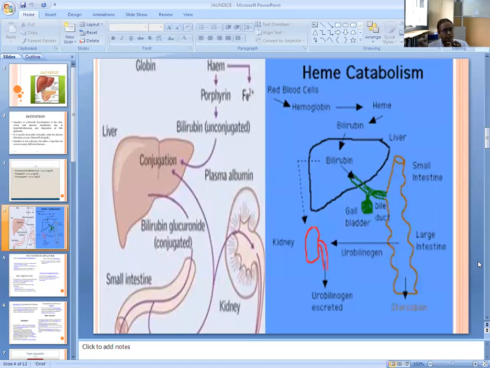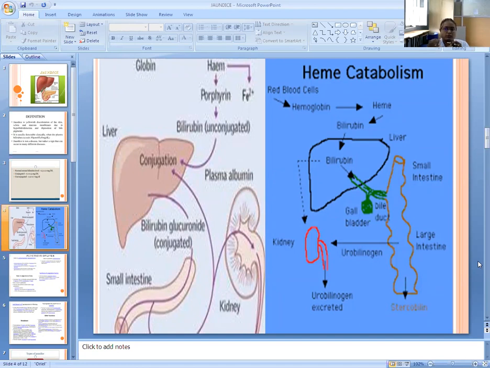Iron is again reutilized by your body. And now the porphyrin is metabolized and the end product is the formation of bilirubin. So it is the end product of hemoglobin catabolism. This bilirubin, when formed from porphyrin, is bound to albumin in circulation, and then with albumin it is carried to your liver.